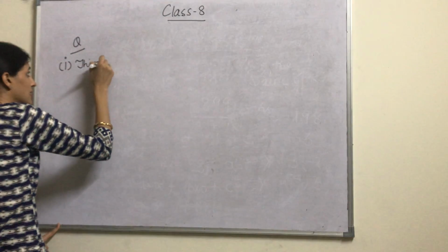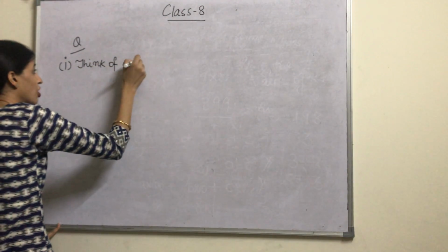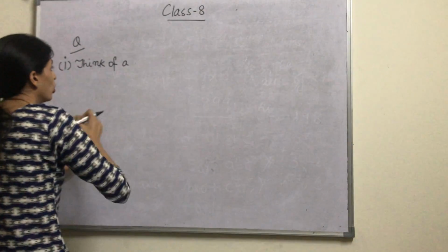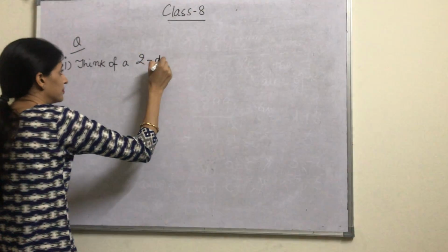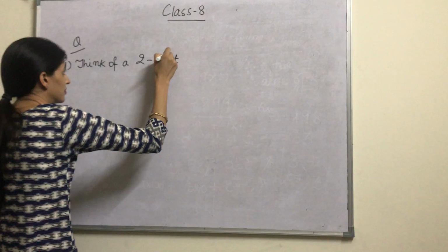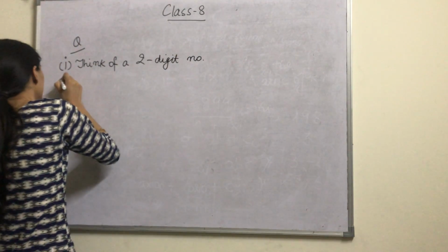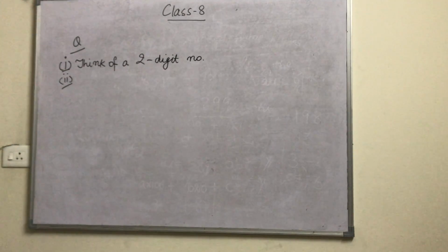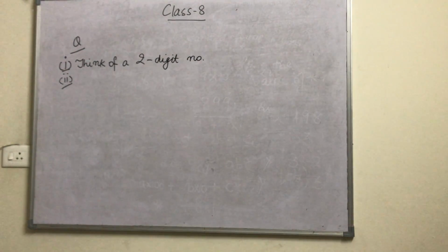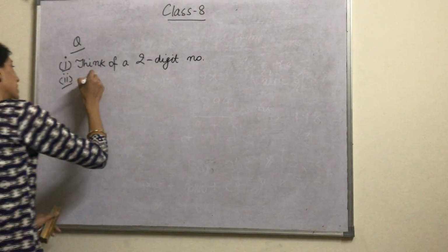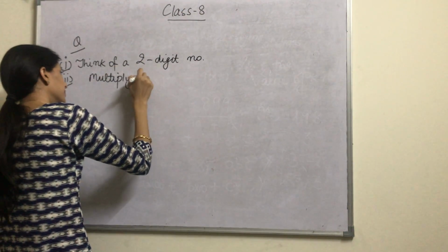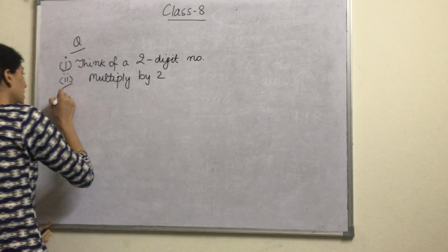First step is think of a 2-digit number. Second step is multiply by 2. Third is add 15.